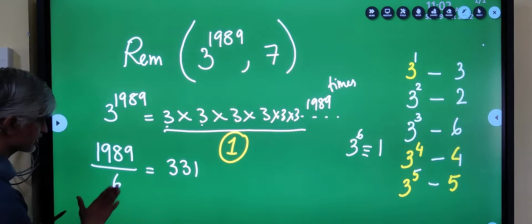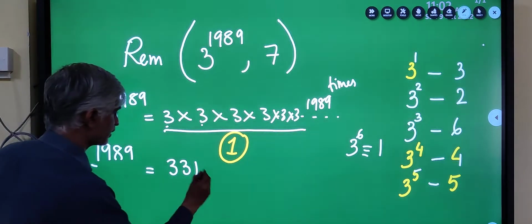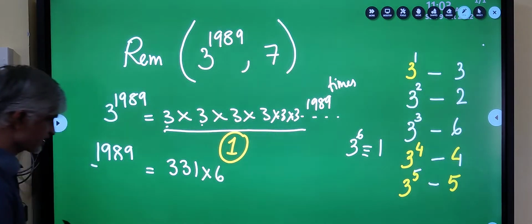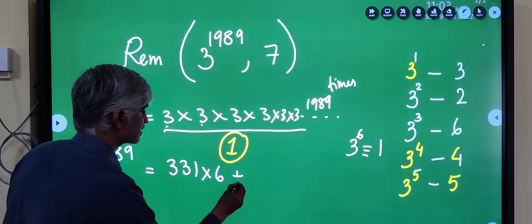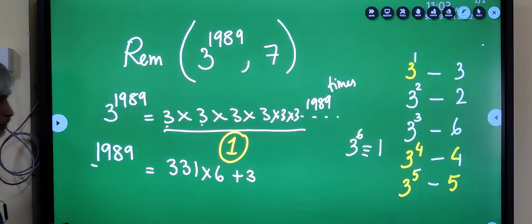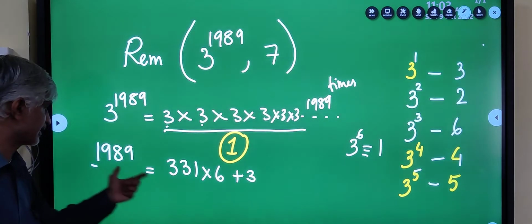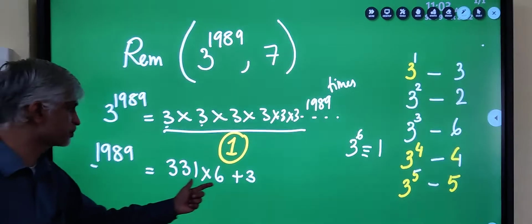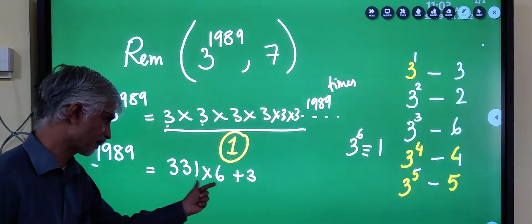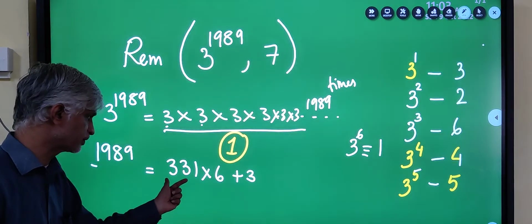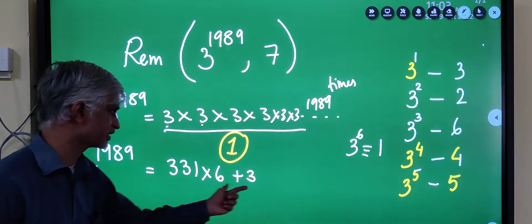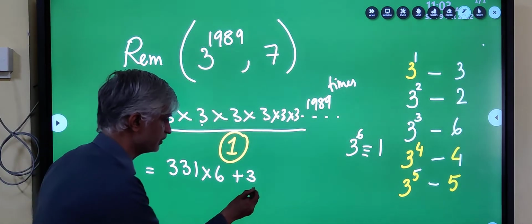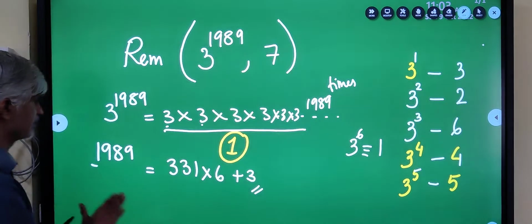So 1989 is nothing but 331 multiplied by 6, which is actually 1986 plus a remainder of 3. So this is the main idea. 1989 has been split up into groups of 6. It forms 331 groups, each of which leaves a remainder of 1. And this 331 is not so important. What is important is what is left over, and what is left over is 3.